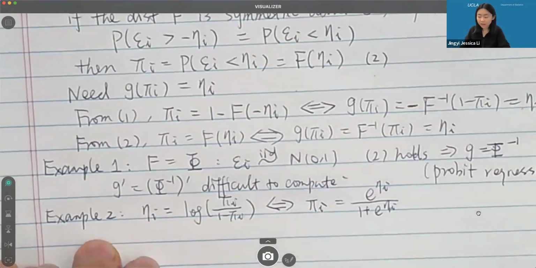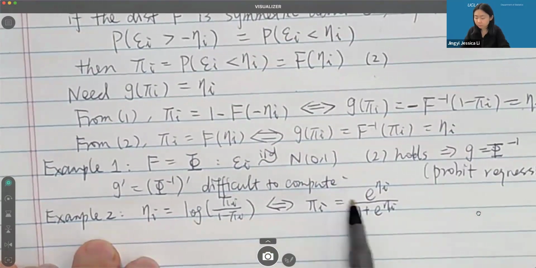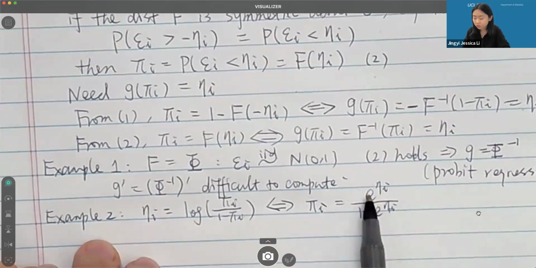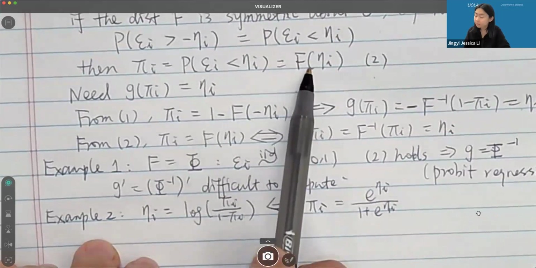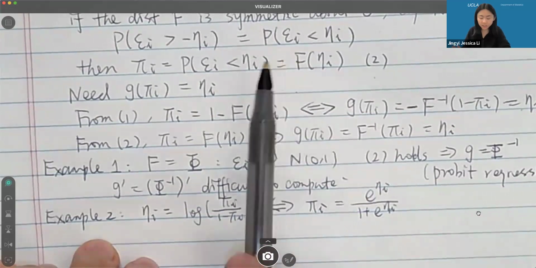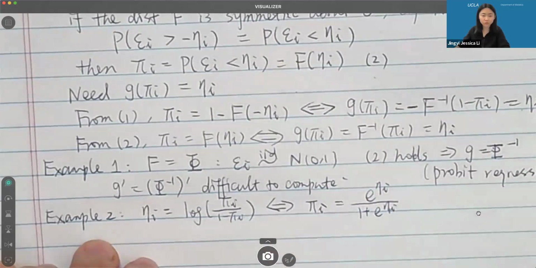That's it. Then we want to link this pi i, this function of eta i, to some distribution's CDF function. This is something we want to introduce.